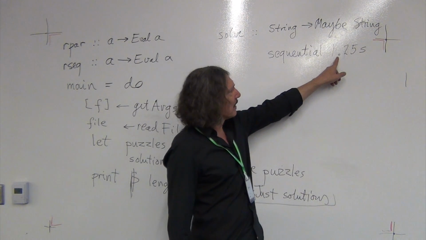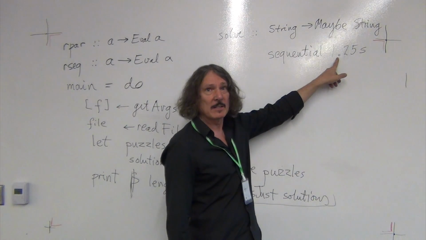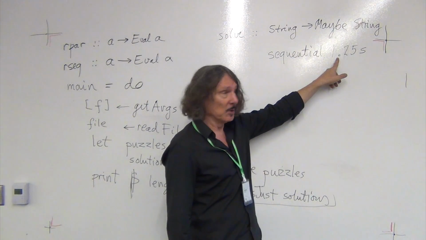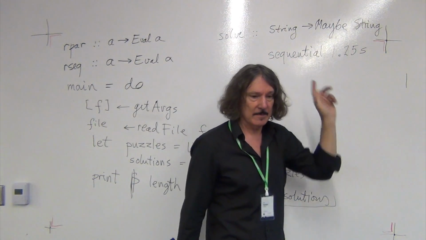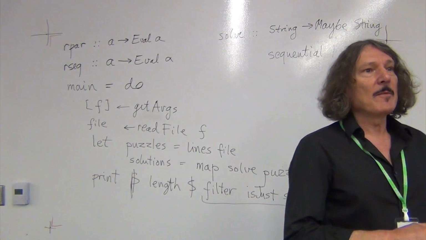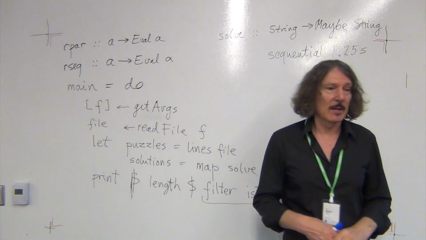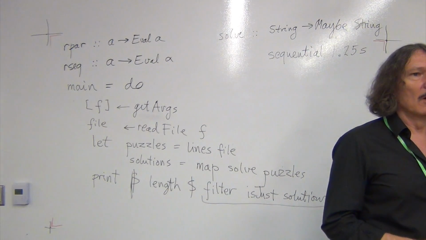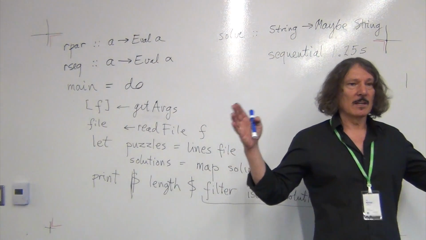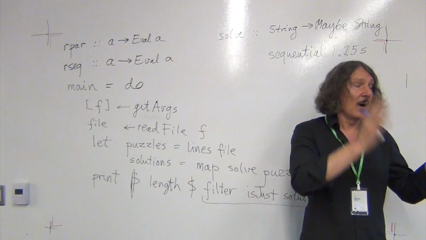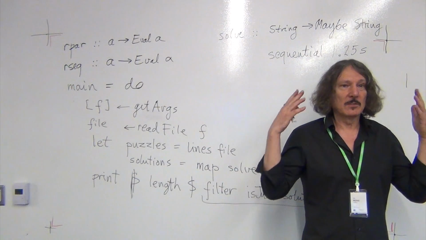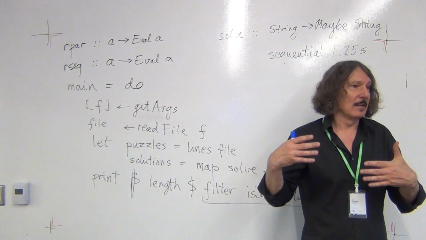So this is the number that we got running this program sequentially. No parallelism. It took 1.25 seconds. Now, there are many ways of parallelizing this program, and one of them was to take this long array, list of puzzles, and just chop it into two and run two halves in parallel.